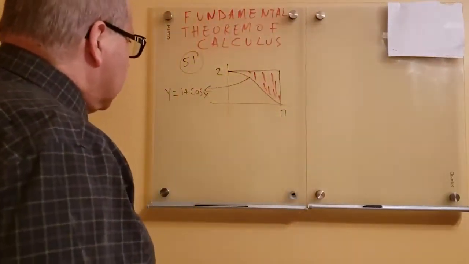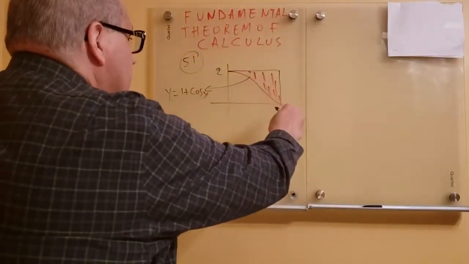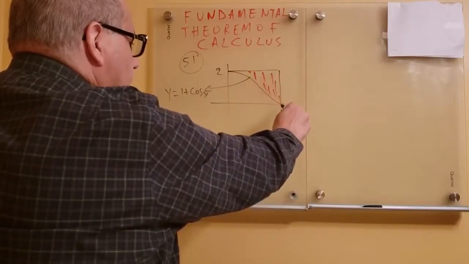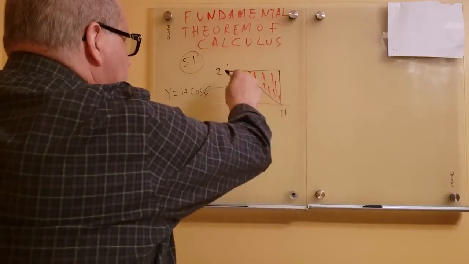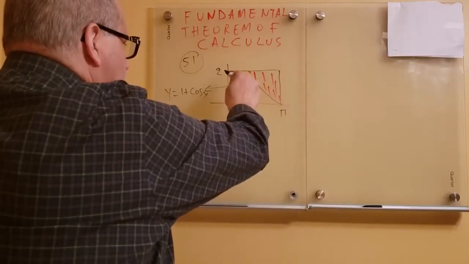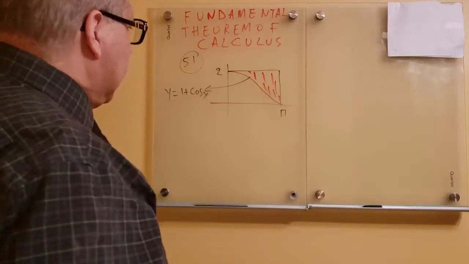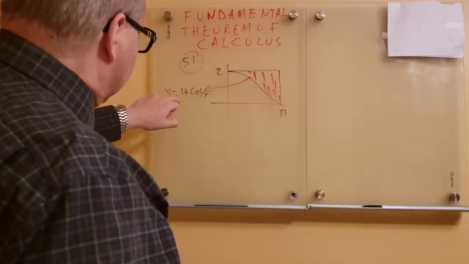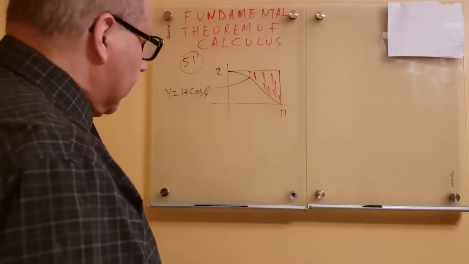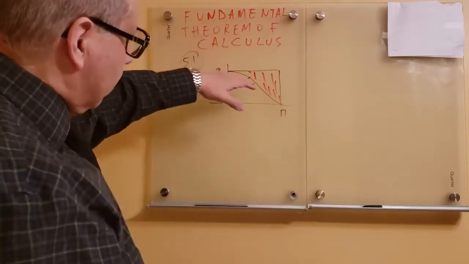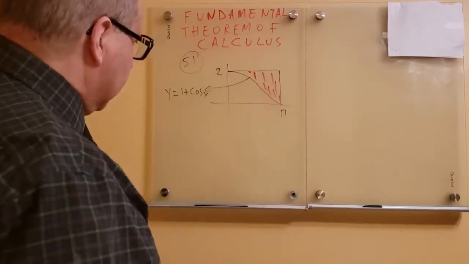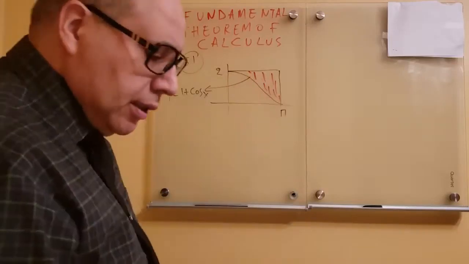Here they give you this graph. This point here has x coordinate pi. This point here has y coordinate 2, and this here is the graph of the function 1 plus cos of x. So they're asking us to find what's the area between these two lines, so actually the red area.